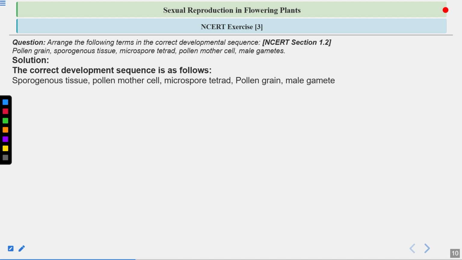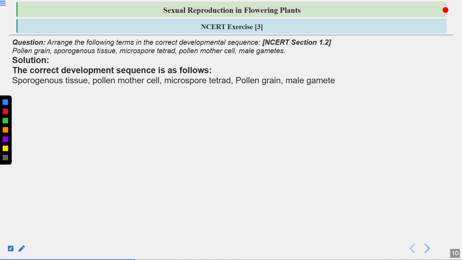A tetrad structure, the microspore tetrad structure, is formed, right? And all these tetrad structures are what? The 4 pollen grains, but they are joined together because their walls are not separated.